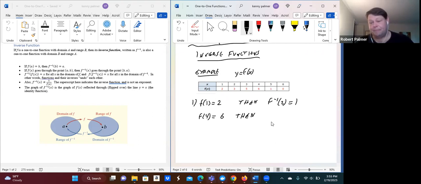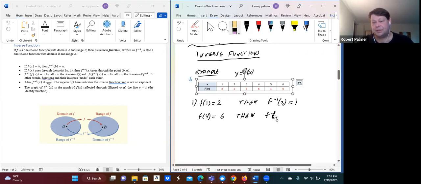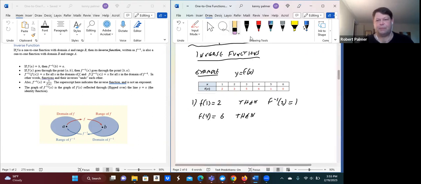Then f inverse of 6, if I plug 6 into the inverse, I get back what I started with, I get back 4. So I'm going this way. So f of 4 was 6, then f inverse of 6 is 4.